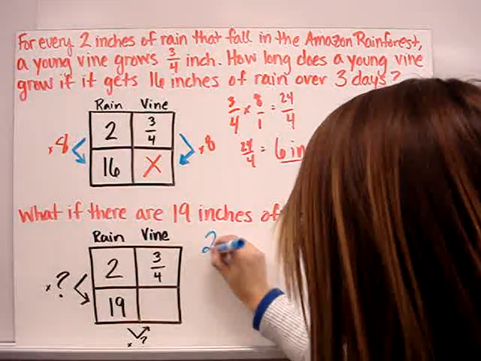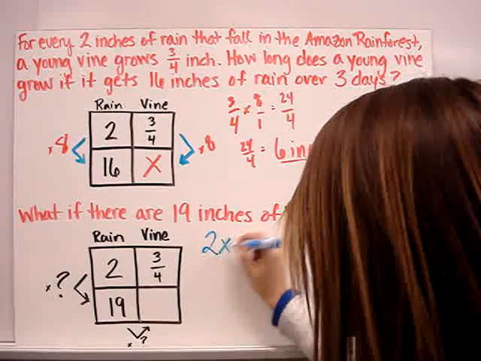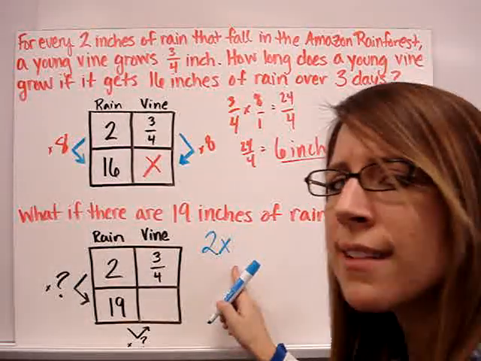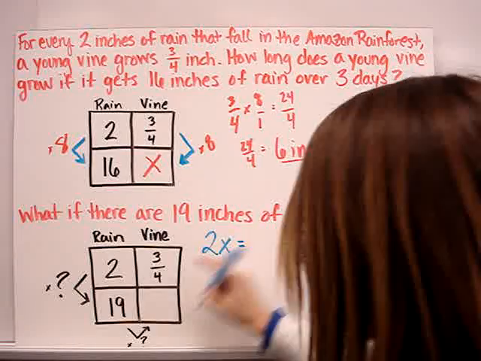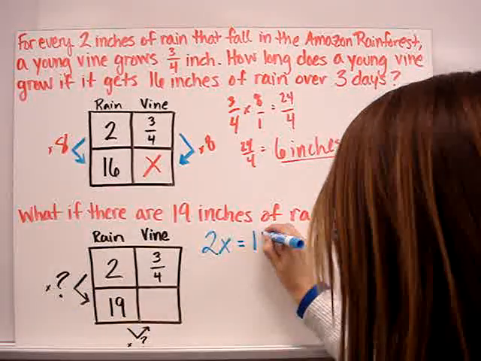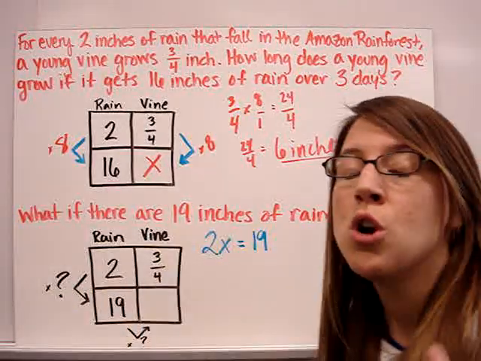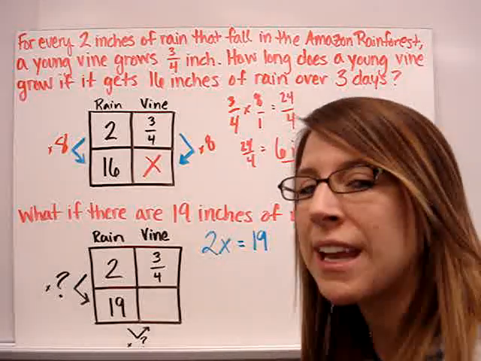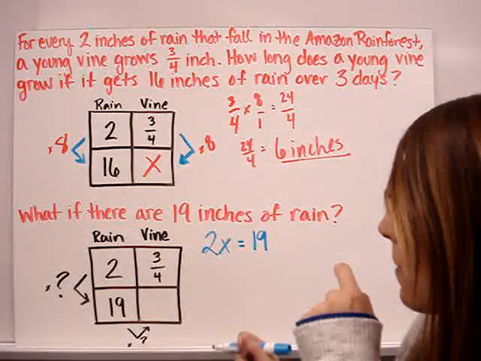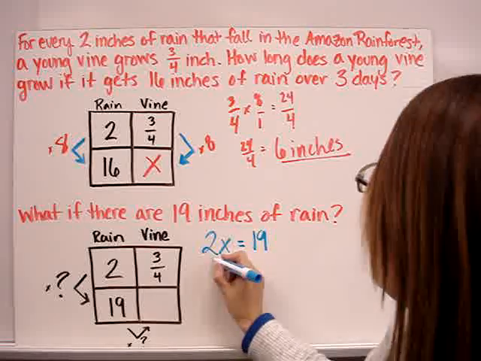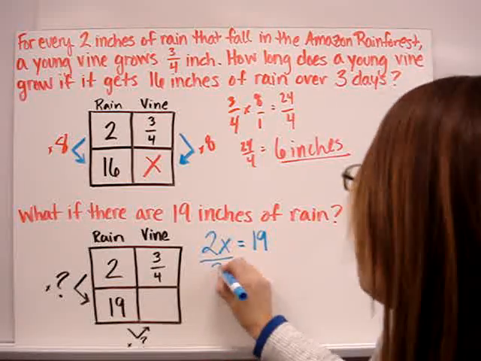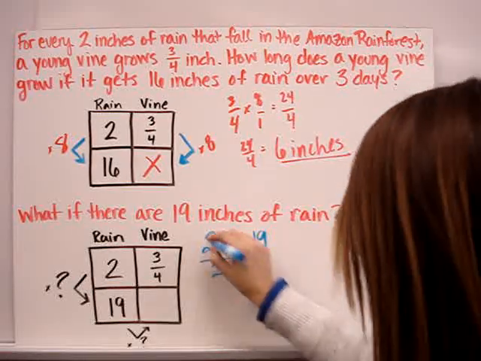2 times what is 19? Well, I know that if I have 2 times something I don't know, I can write it like that. And I know that 2 times something is going to be 19 because I have a ratio relationship here, and I know it's multiplicative in nature. So if I want to know what x is, I divide by 2.